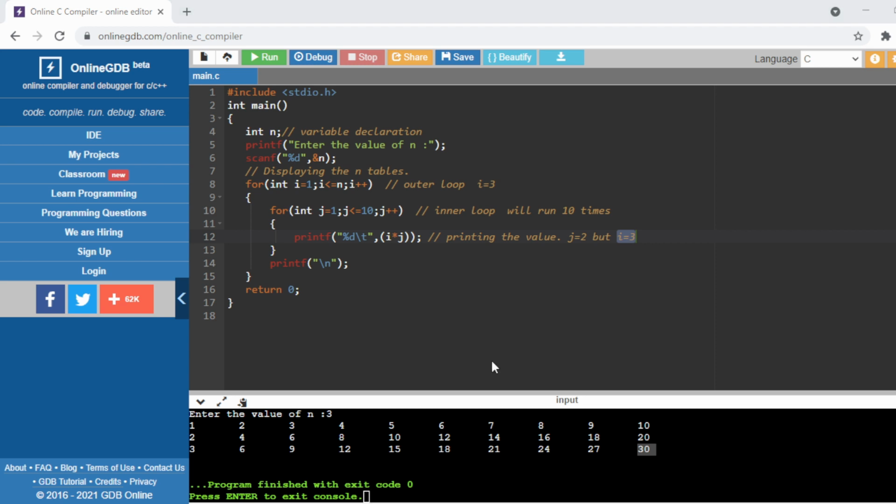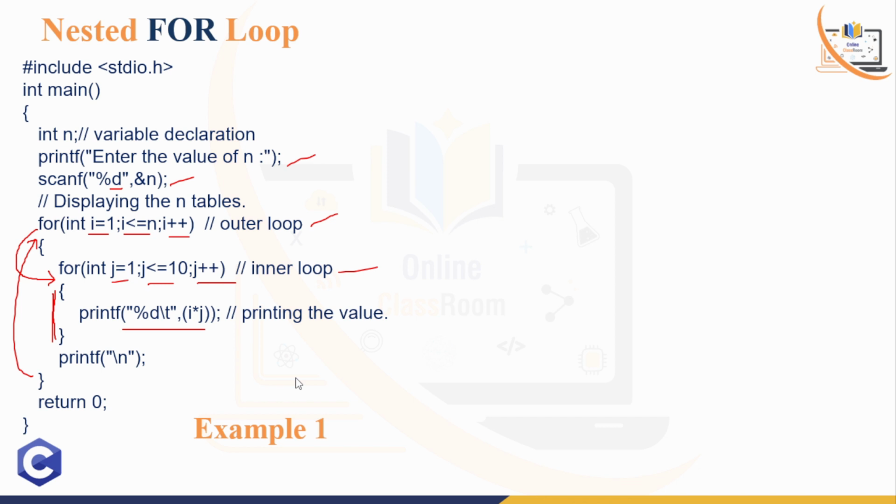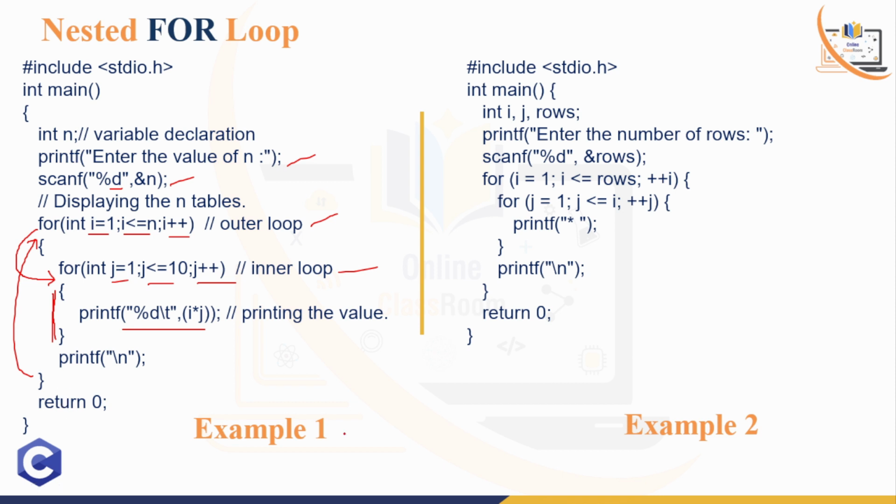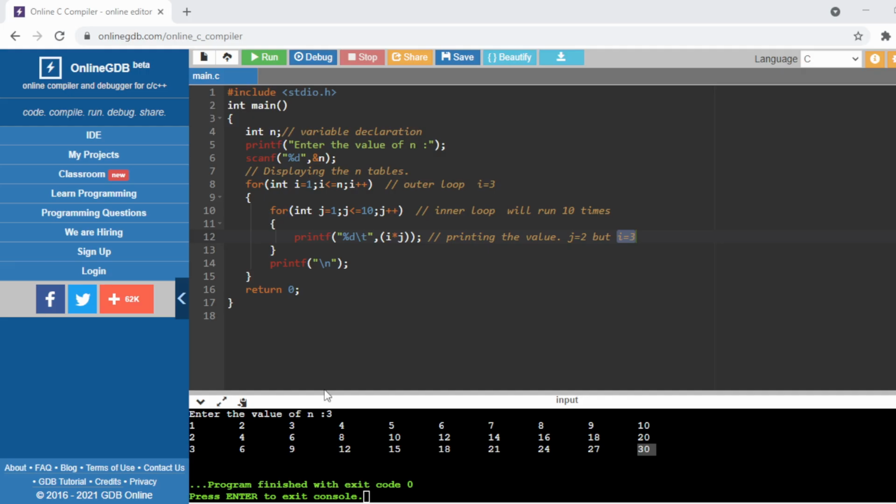Now if we go back to our slide, there is another example where we can print some pattern. Suppose we directly run this code. Just a minute, I am simply copy pasting this code.